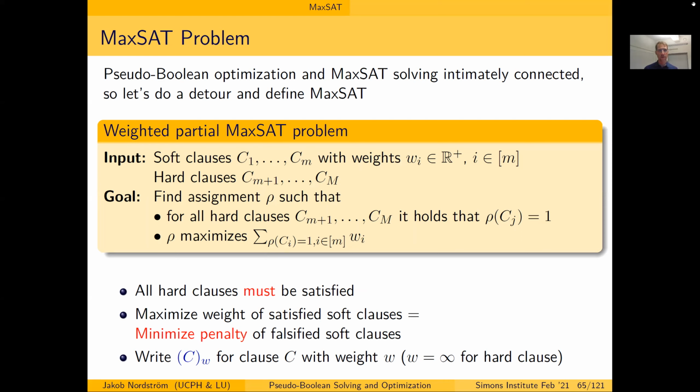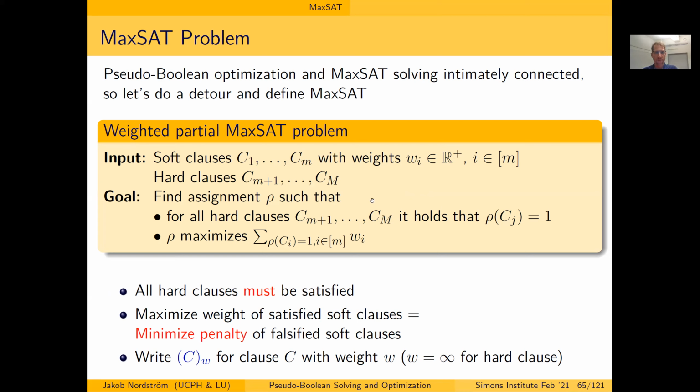Let's define the fully general weighted partial max-sat problem. So this is where we have a CNF formula as input, but the clauses come in two types. We have soft clauses, C1 up to Cm, each clause equipped with a weight, wi, which is some positive real number. I think for today, it's better to think of them as positive integer numbers.